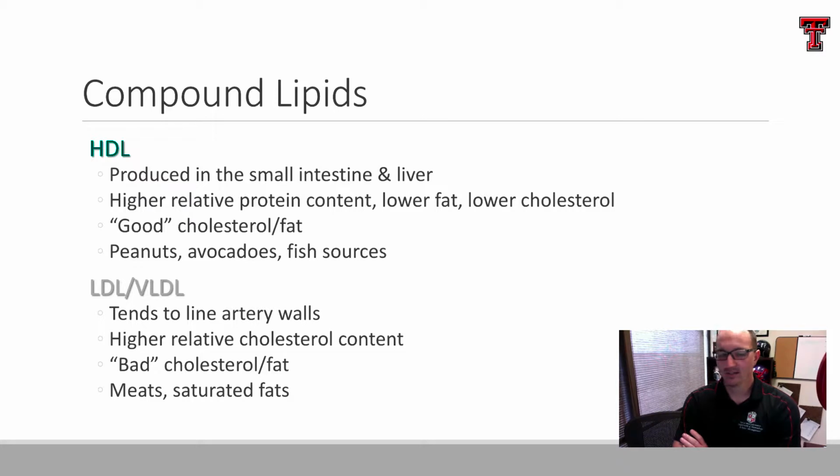In gray there, maybe even red, LDLs and VLDLs, low-density lipoprotein or very low-density lipoprotein. As we said in class today, these tend to be sticky. They tend to line the lumen of our artery walls and thereby increase blood pressure. We find this in a lot of our meats and our saturated fats.